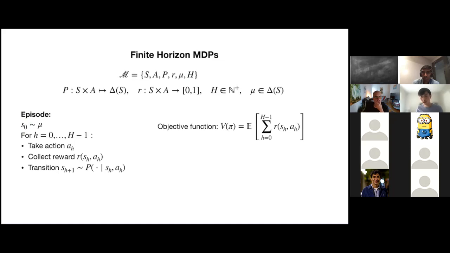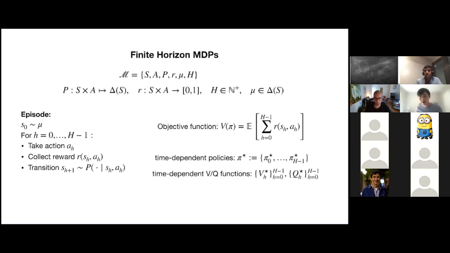The objective function is basically the same, except now we just look at the expected total reward over capital H many steps. No discount factor anymore. So this is a finite horizon. One caveat is that now the optimal policy and the optimal V and Q functions will be time dependent.